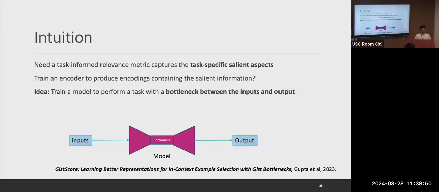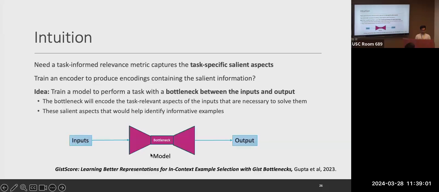The idea that we came up with was to train a model with some sort of a bottleneck between the inputs and the outputs. The bottleneck will need to encode all the most important information in the inputs that's necessary to produce the correct output, to correctly solve that input.